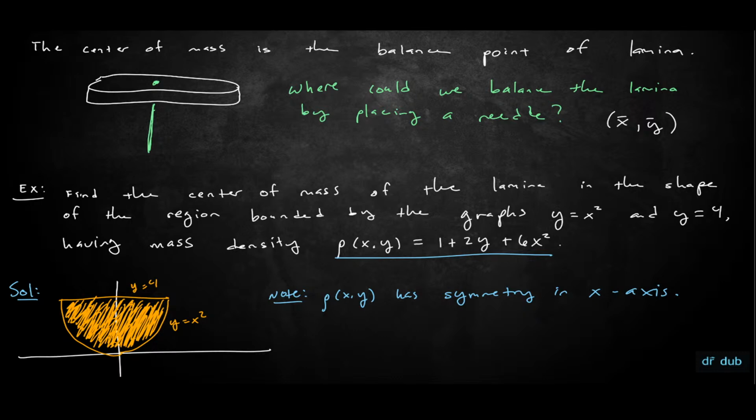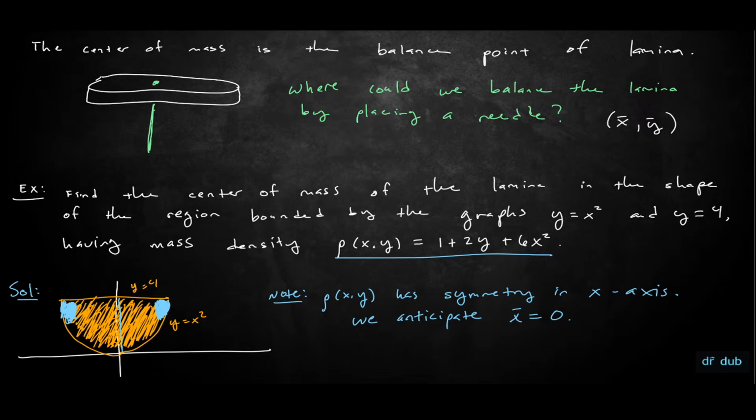The density is small along the y-axis, but really large out at these corners, so there's a lot of mass out here, but the same amount of mass on both sides. So we anticipate x bar will equal 0. That'll be a sanity check for us when we do the actual computation.